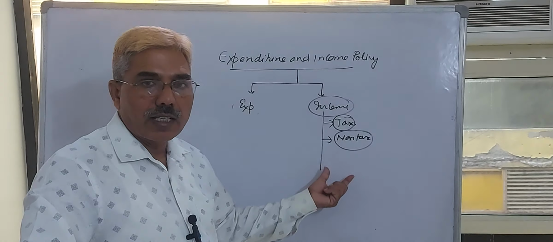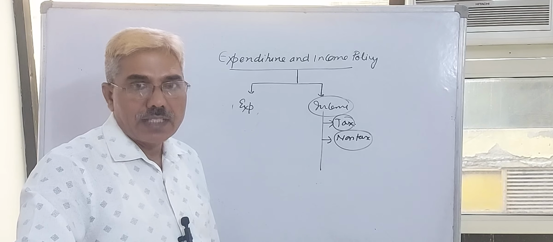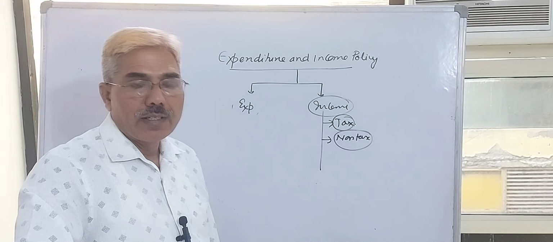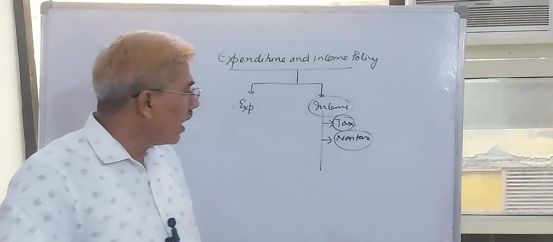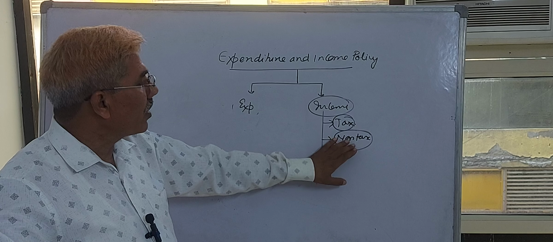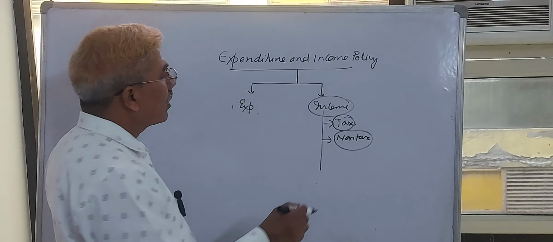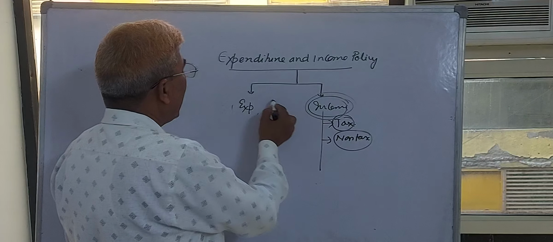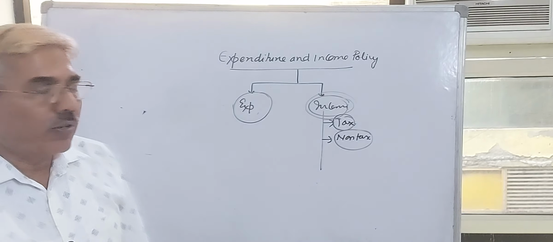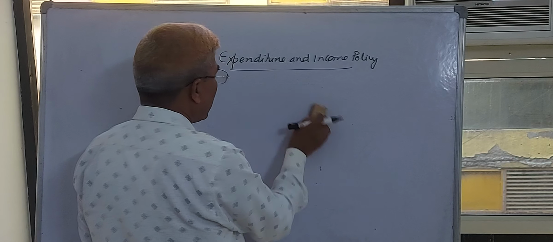Non-tax income, such as profit of the PSUs, interest receipts, fines, fees and penalties, all come under the non-tax revenue receipts of the government of India. Now you are clear about the two concepts, income and expenditure, and the policy collectively known as fiscal policy or budget policy.